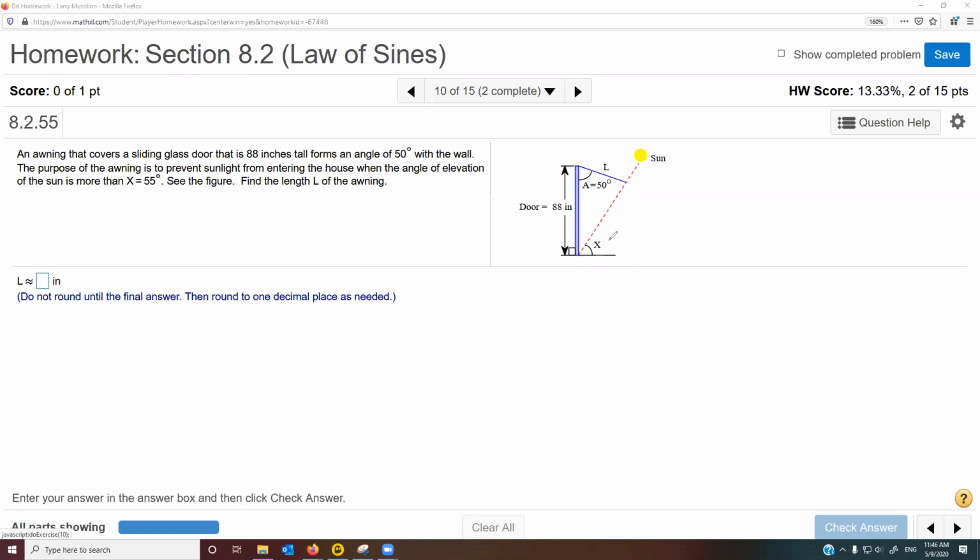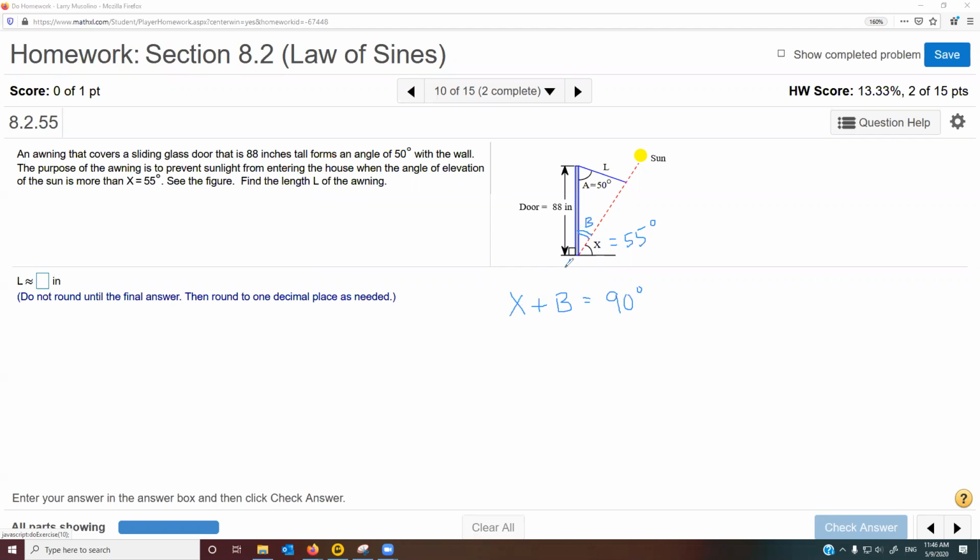All right, well, let's see here. They're giving us that angle X is 55 degrees. Okay, well, can I figure out this angle right here? I'm going to call this angle B. I can figure out angle B because you might notice angle X plus angle B is forming a right angle, 90 degrees.